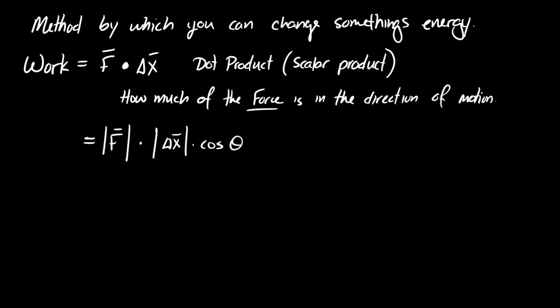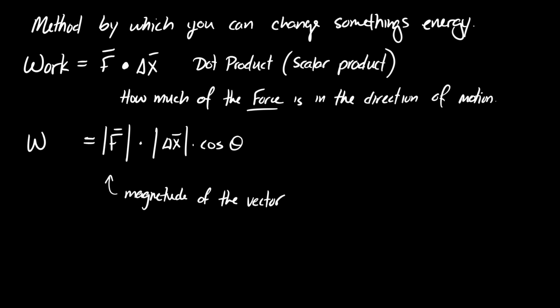Those bars are not absolute values. When you put bars on either side of a vector, you're actually saying to take the magnitude of the vector. So you just want its size.